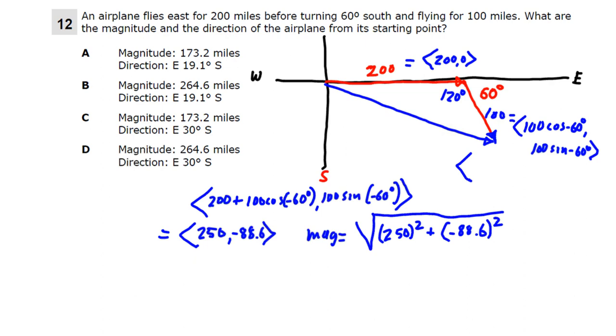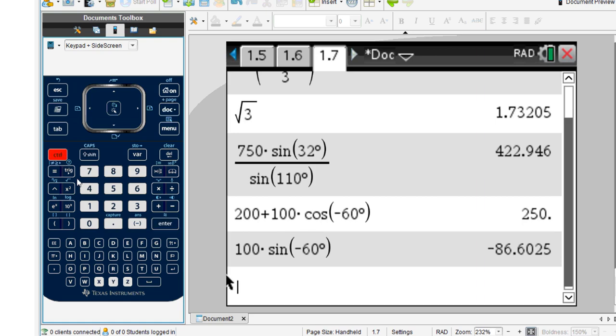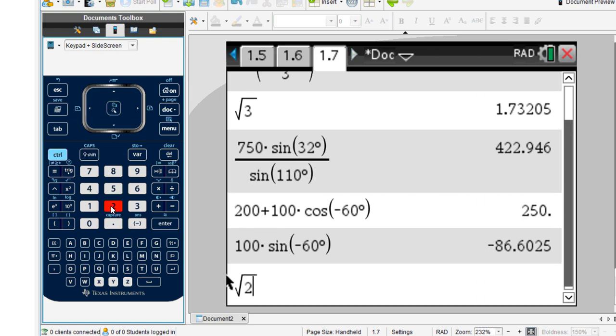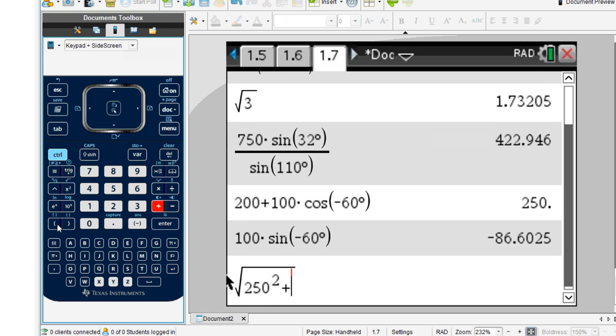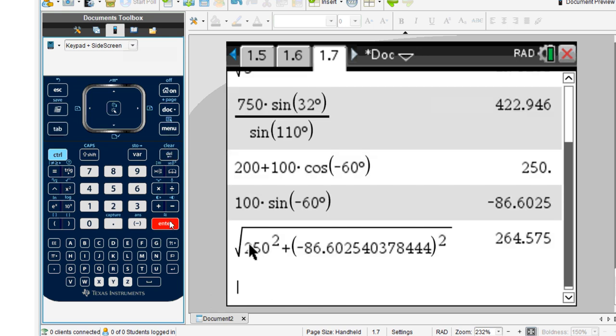We go to our calculator: 250 squared plus, with negative signs we have to be careful about parentheses, so I'm going to use the last answer, squared. So we get 264.6.